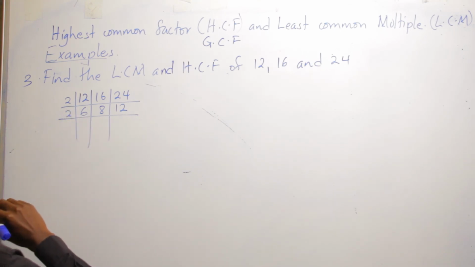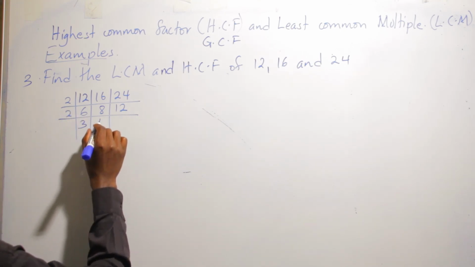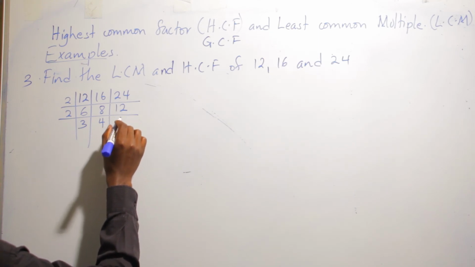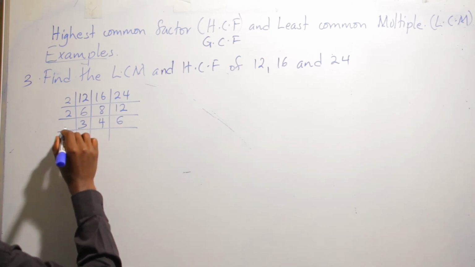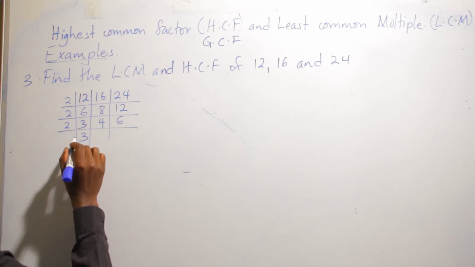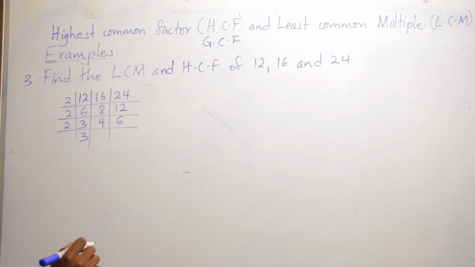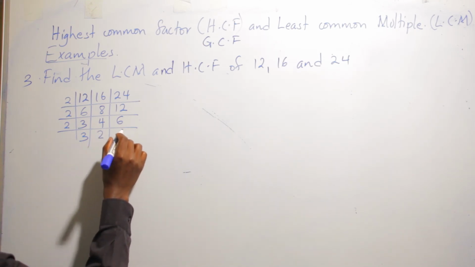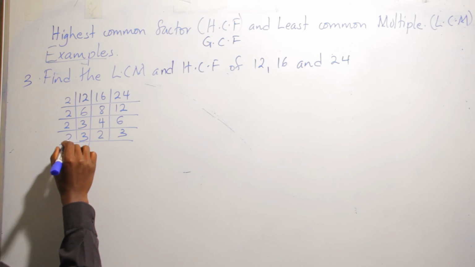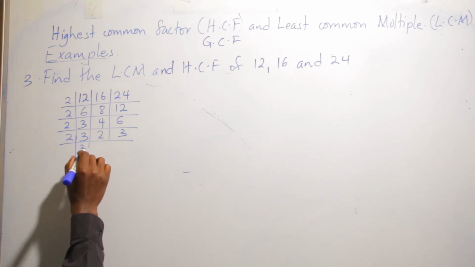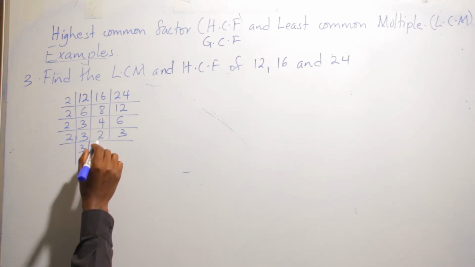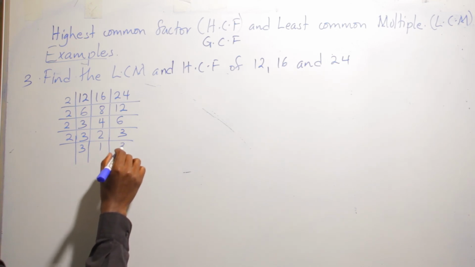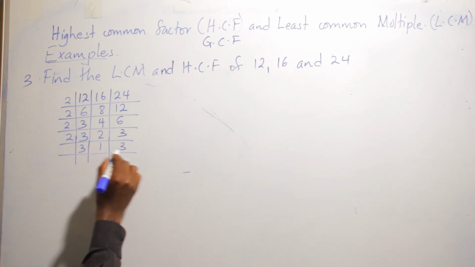Still 2 can divide 6, 8, 12. Still 2 can divide 4 to get a 2 and a 3. Still 2 can divide 2 to get a 1, and then I keep the 3.